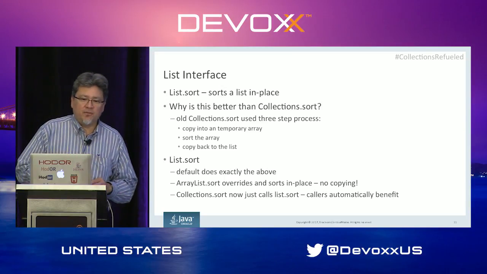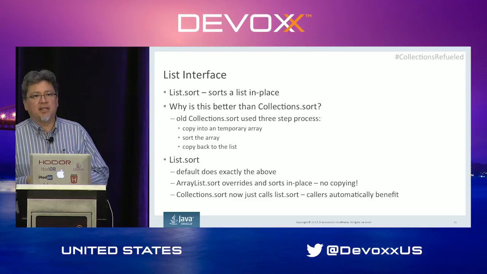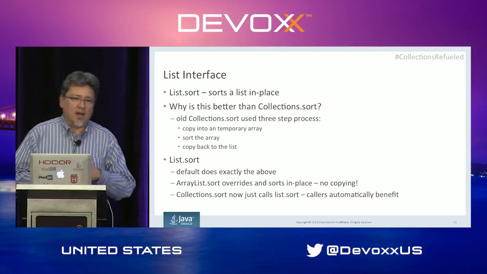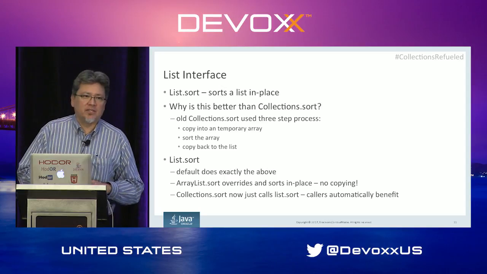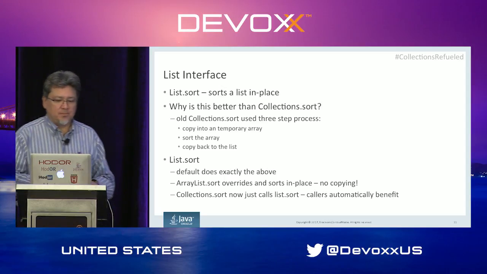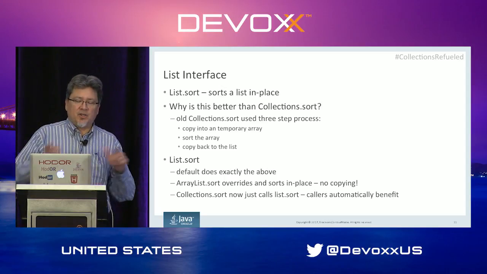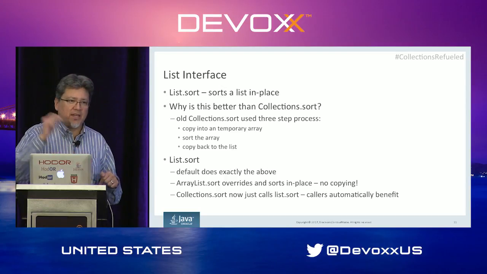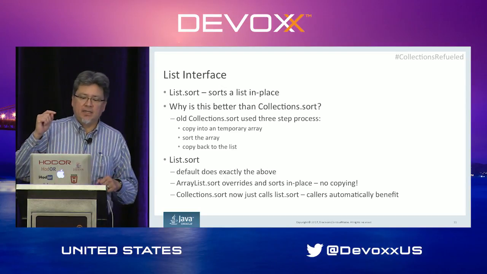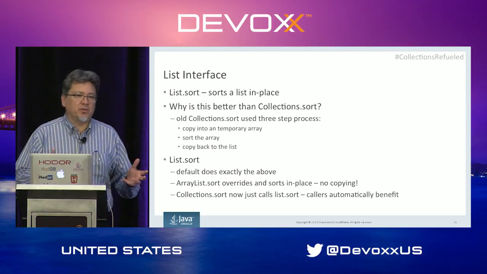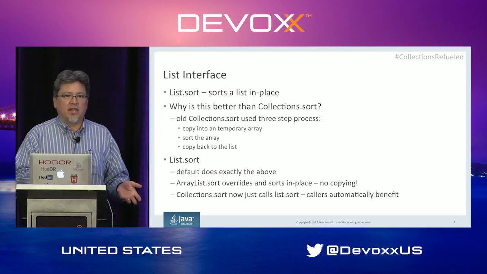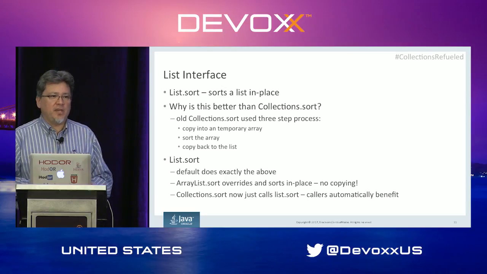And so we've saved a bunch of memory allocation, and we've saved a copy out and a copy back in. So the override of ArrayList.sort is buying us quite a bit here. And in turn, Collections.sort simply turns around and calls sort on the list that it's provided. So you don't even have to change your code. If your code is using ArrayLists and you call Collections.sort, you get this new behavior for free.